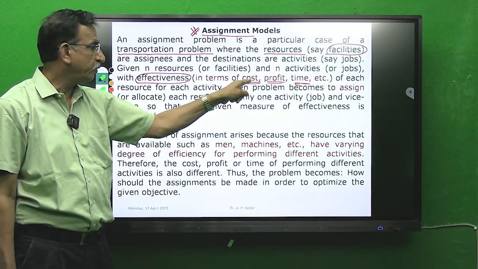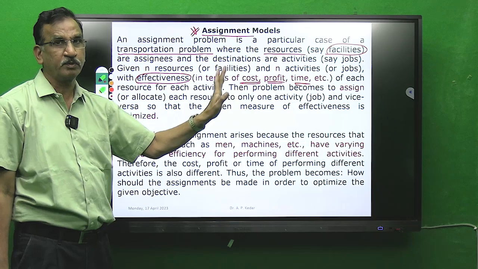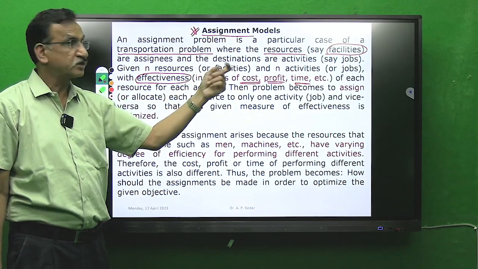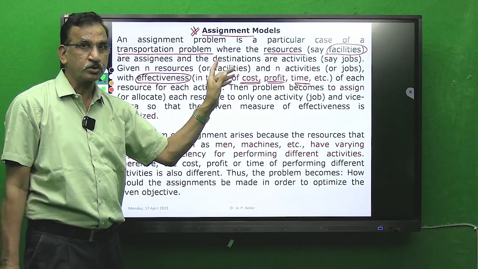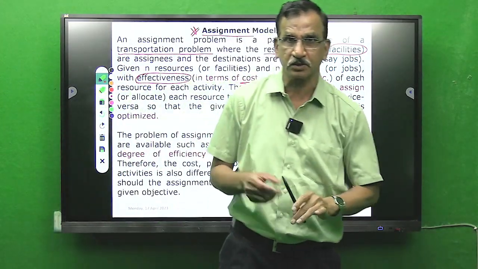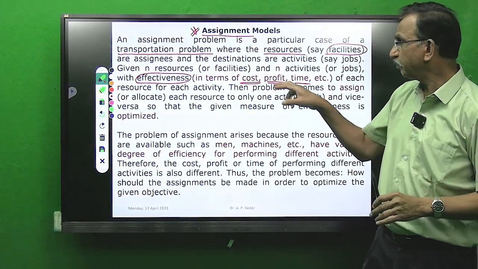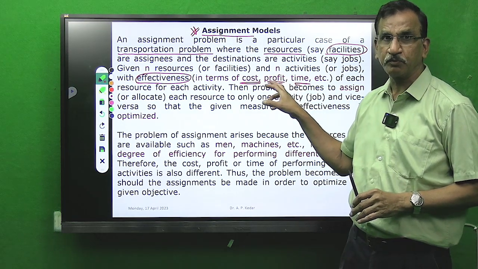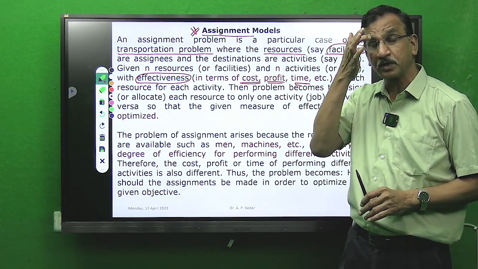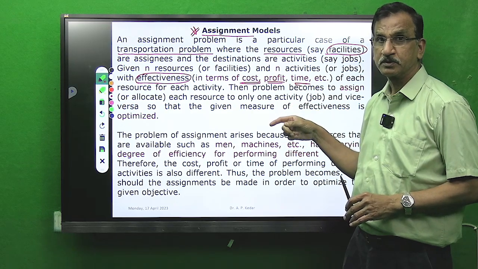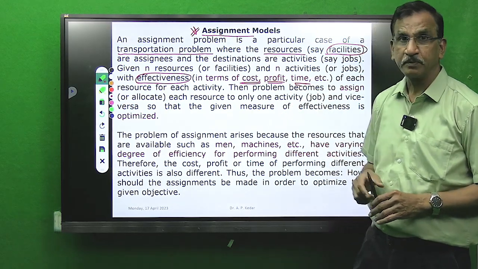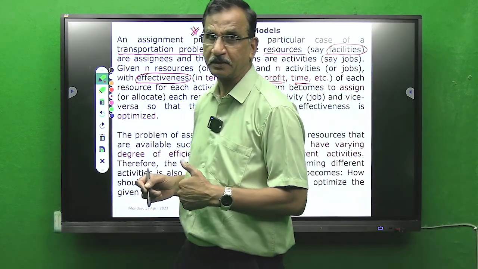If it is cost, the objective will be to assign the facilities to related facilities in such a way that cost of performing those tasks is minimum. If I am looking from the profit point of view, I will assign the facilities such that my profit will be maximized. Same way, time will be minimized.